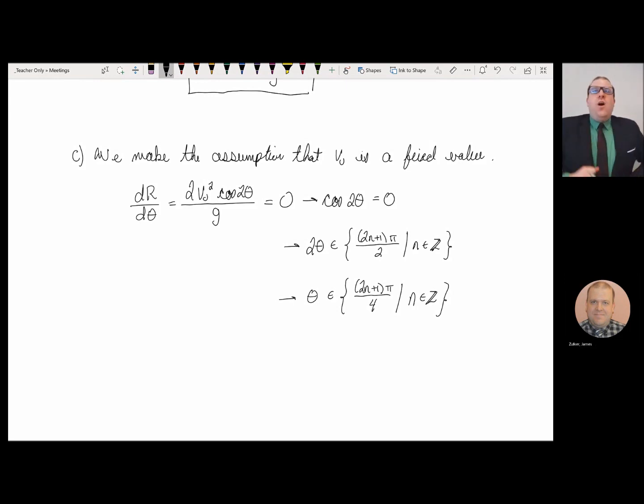However, we're ignoring one important fact. Theta can't be any value. Right? Theta actually has a restriction on it. Not mathematically, physically.